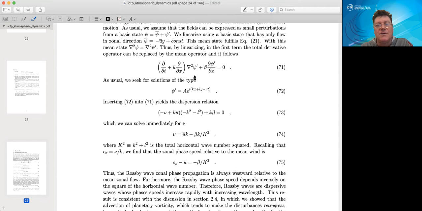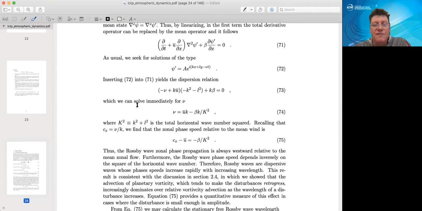The Laplacian gives us minus k square minus l square. And this derivative here gives us minus i k times the wave. Then we can divide by the factor a, and we can divide by the wave, and we divide by i. And this is what we get. This is our dispersion relation for Rossby waves that obey this kind of mean flow that we have prescribed.